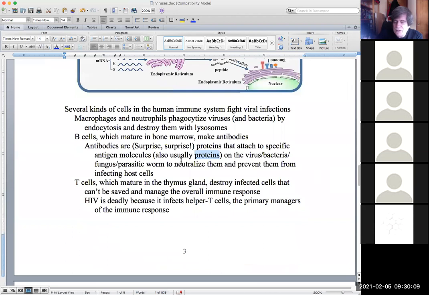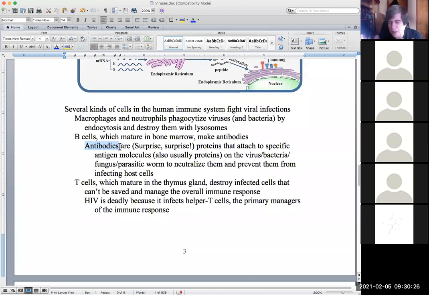So basically, your B cells make antibodies. And antibodies are kind of like grappling hooks, I guess you could think of them. They attach to these antigens, so to these spike proteins.